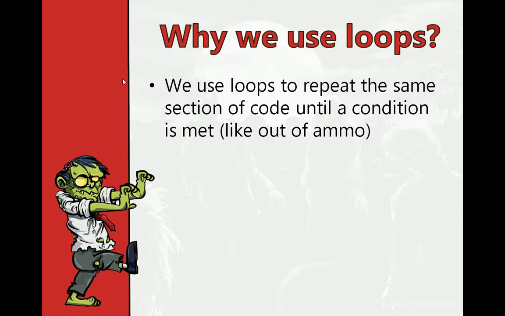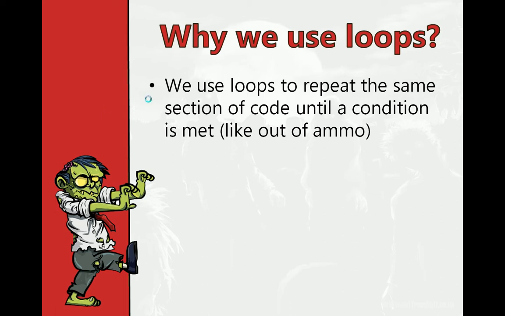Some other loops: we loop continuously until a victory condition is met. Think of it in game terms, if we're playing checkers. We loop through turns until the victory condition is met, which is all of my checkers are off the board, or I surrender, or something like that.